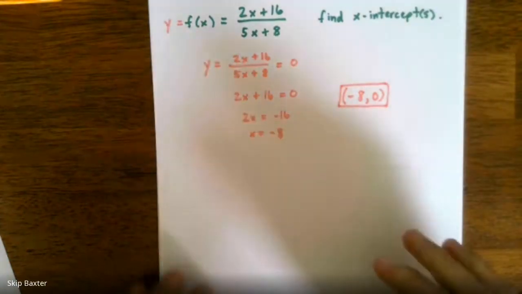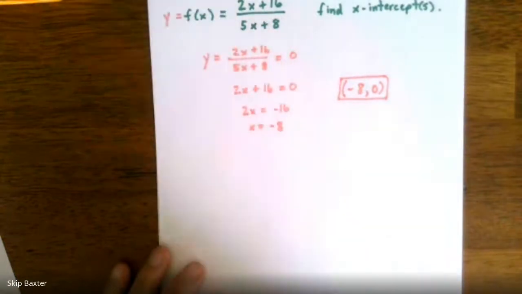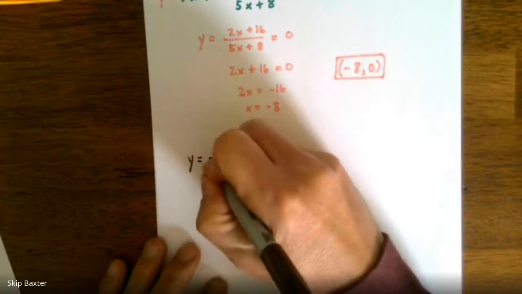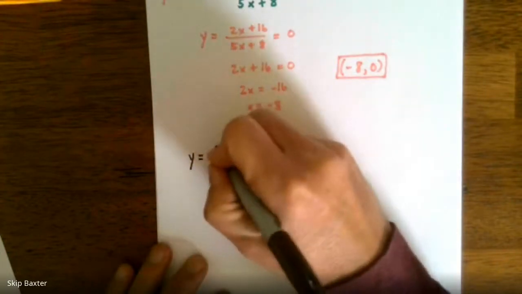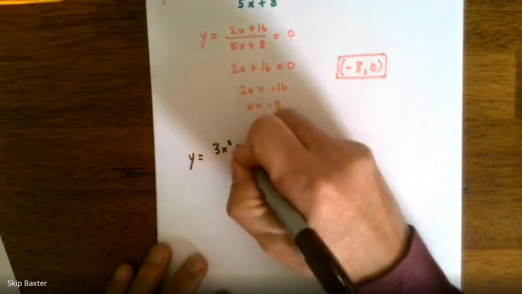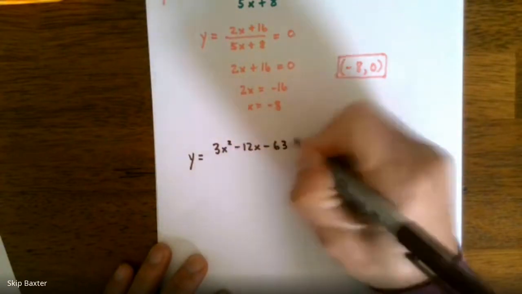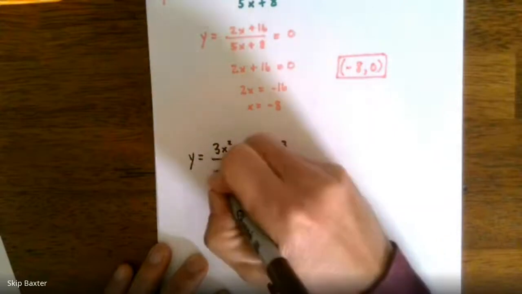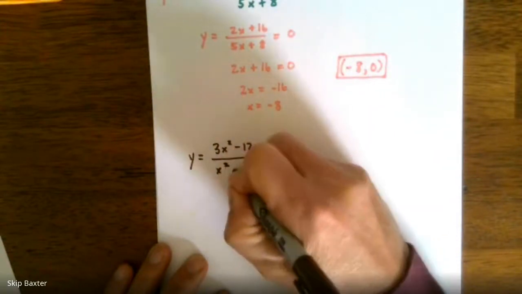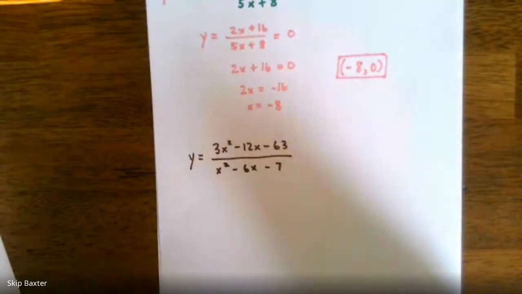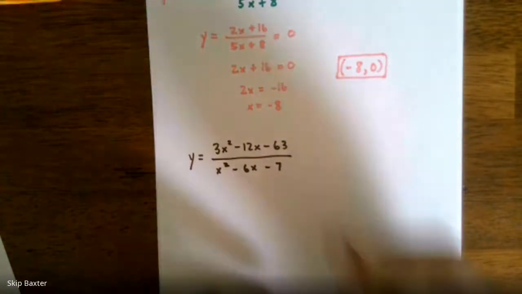Like, for example, let's say y equals 3x squared minus 12x minus 63 over x squared minus 6x minus 7. Okay, this factors, right?